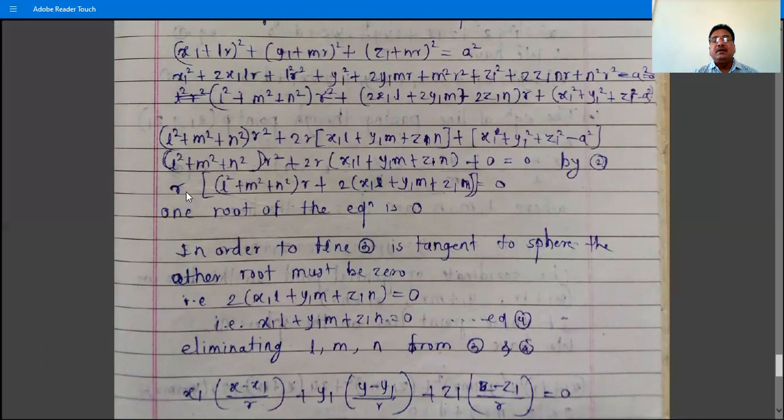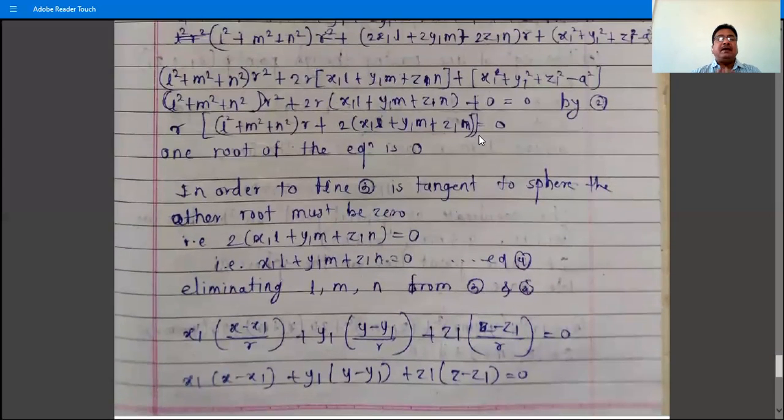Now from these two terms, take r as common because we have to find the values of r. In square brackets, if you take r common, we have (l² + m² + n²)r + 2(x1l + y1m + z1n) = 0.